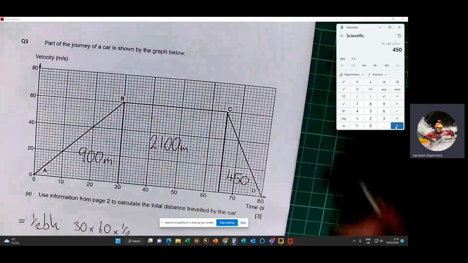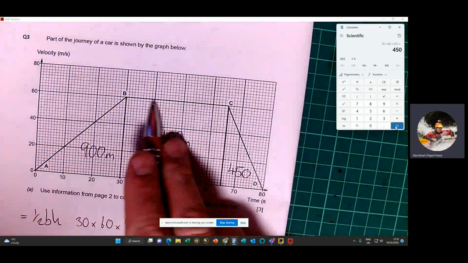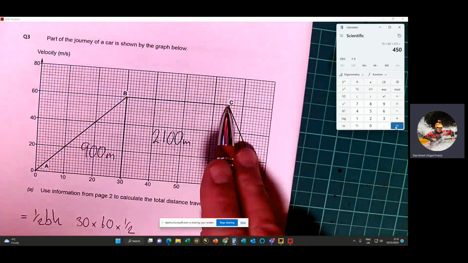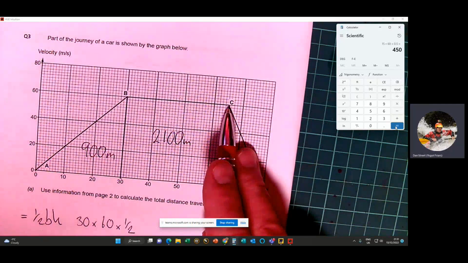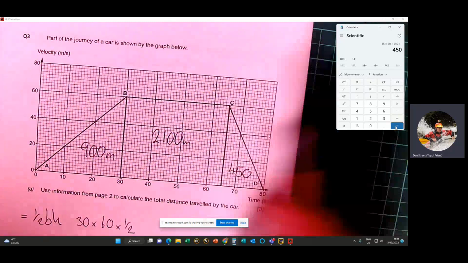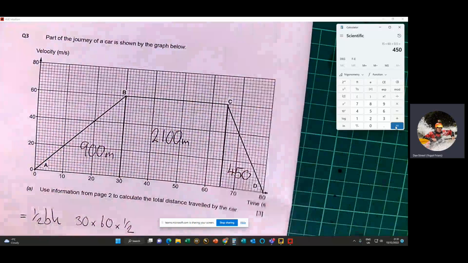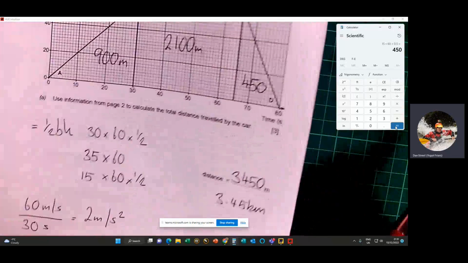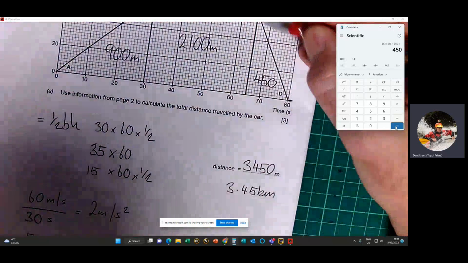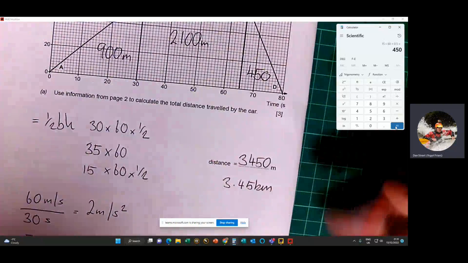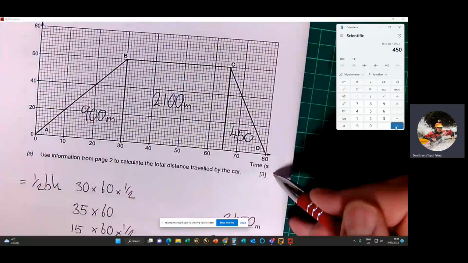And the central part of the journey here, there is no acceleration, therefore the passenger would feel no force really, it's constant velocity. And then the latter part of the journey, we've got a deceleration, okay? And so the deceleration, again, is going to be the change in velocity, and the change in velocity is the same because it's from 60 down to 0, okay?